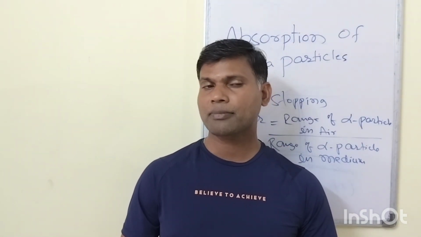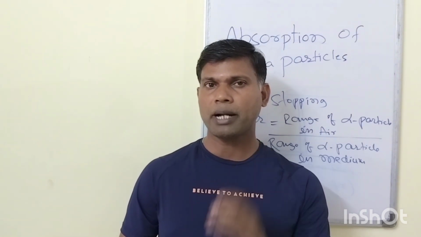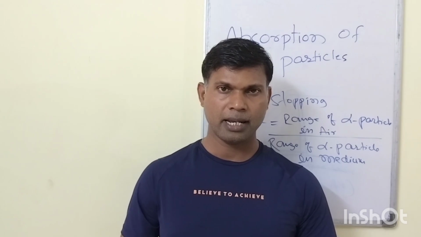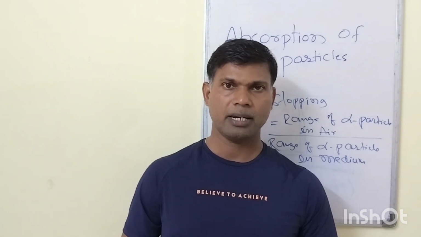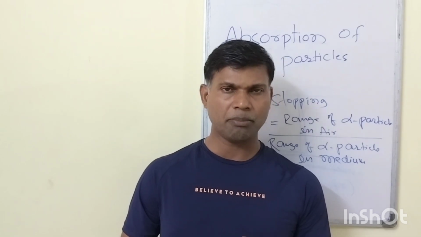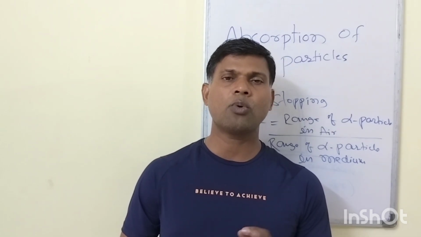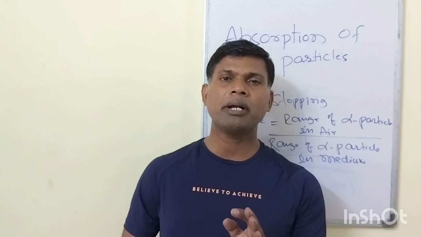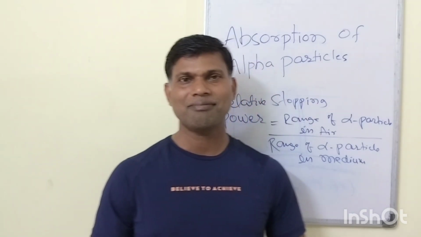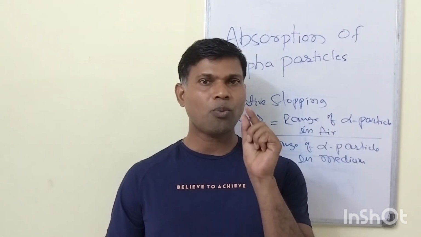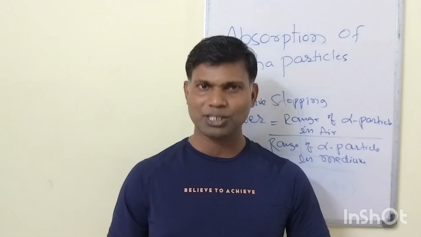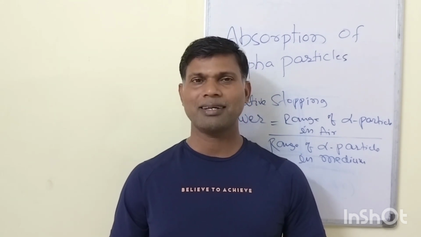It means, suppose an alpha particle has a range in air of 5 millimeter. If we use water as a medium, it will travel only 5 millimeter divided by 1000, that is 5 micrometer. So a water thickness of 5 micron can stop an alpha particle.